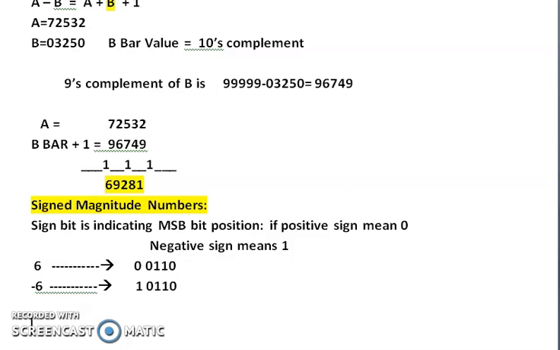Negative binary numbers are always represented in 2's complement. And negative decimal numbers are always represented in 10's complement.